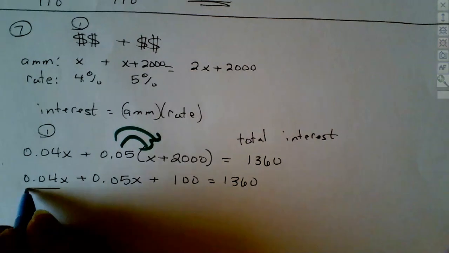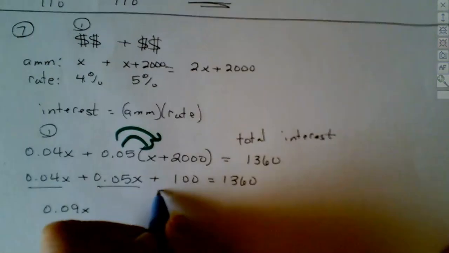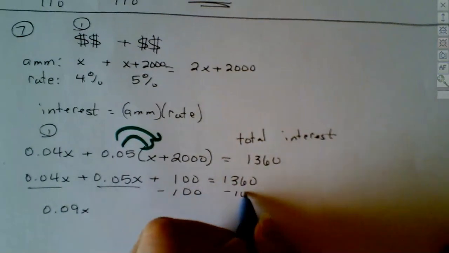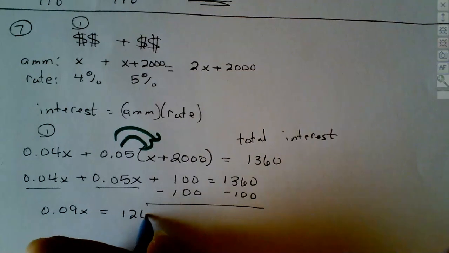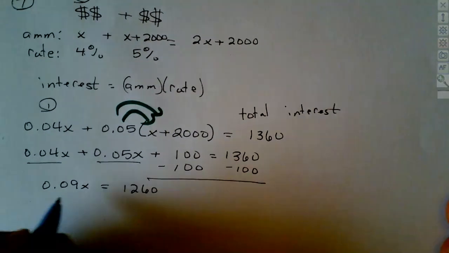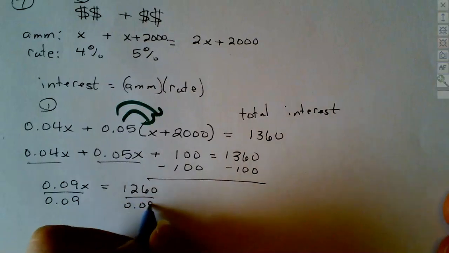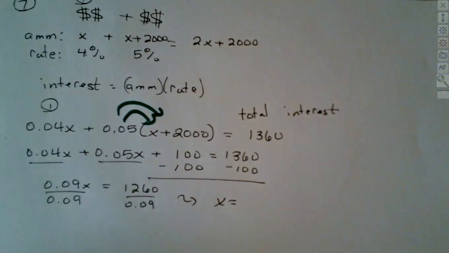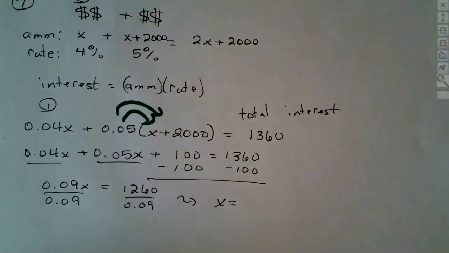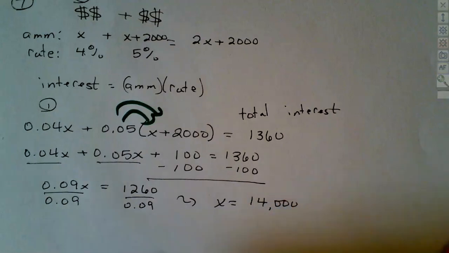We'll combine those together, and that is 0.09x, and we'll move the 100 over, and that is then 1,260. Divide by your 0.09, and now we are left with x equaling 14,000.